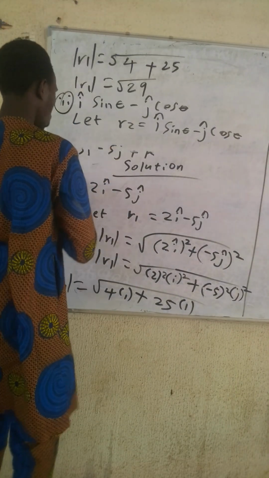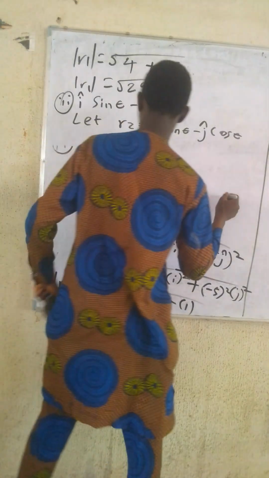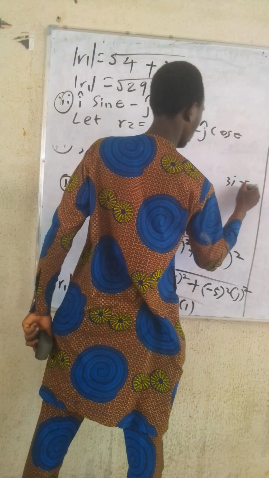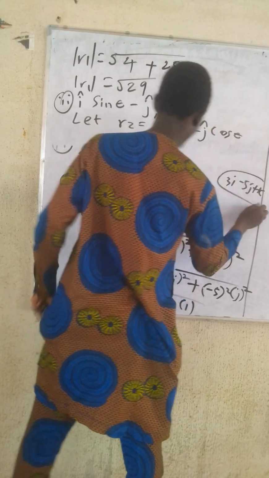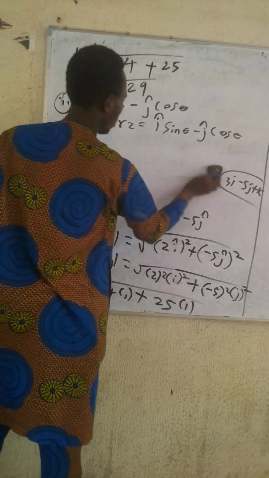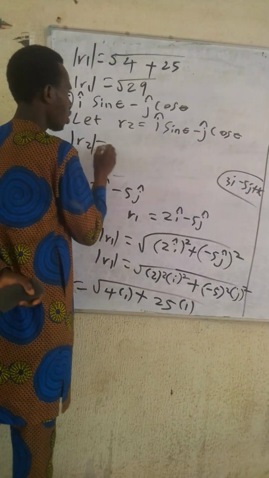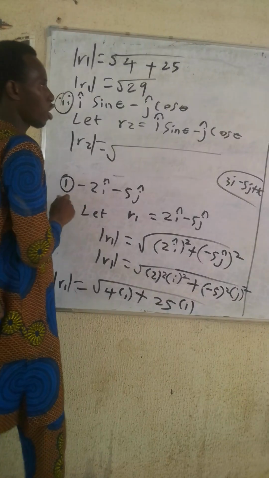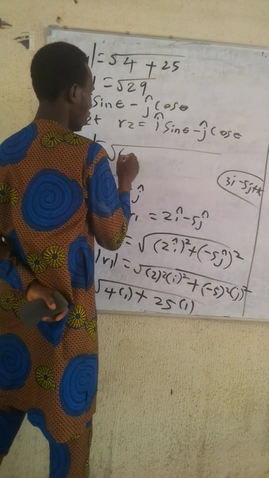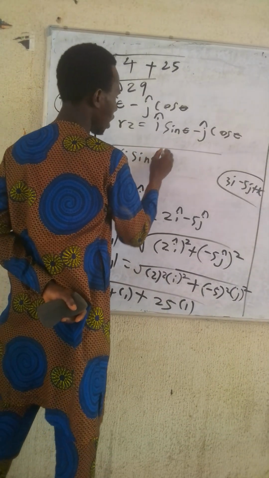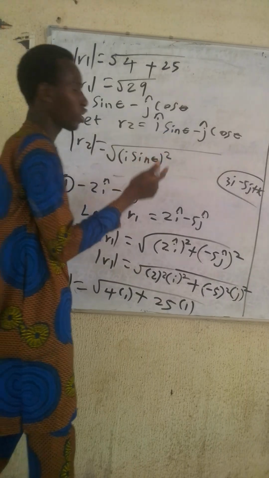Now the modulus of R2 will be this, equal to the square root of minus i sine theta squared, like we did in the other one.